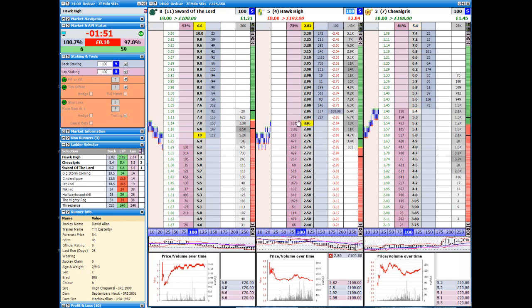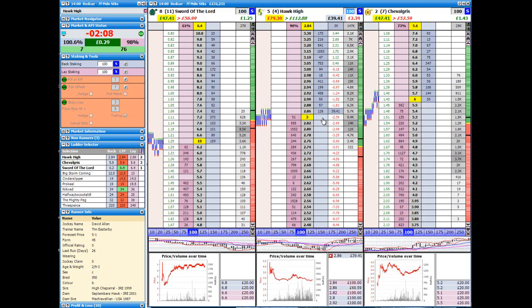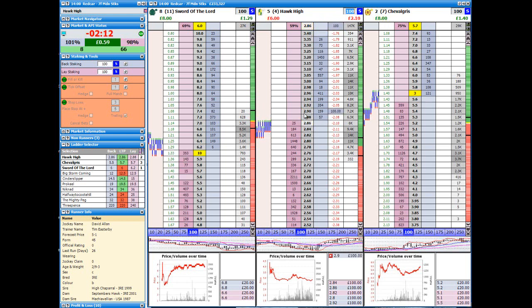Okay, so I've got that lay matched, so I'm still left with an £8 liability on the second favourite. I'm going in again. I've got quite a good position in the queue. But it's gone against me again.